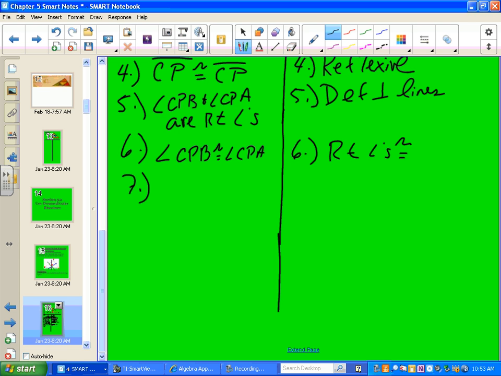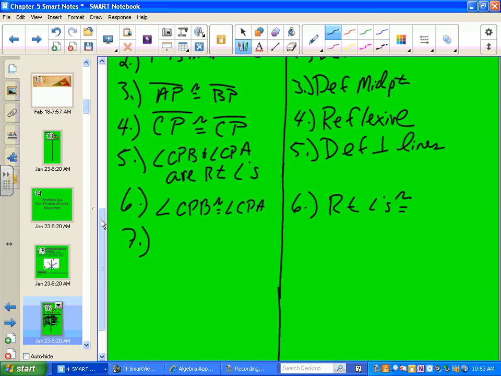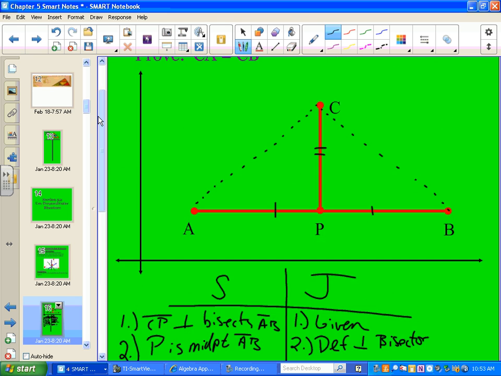Where's the chain, though? Yeah, all we have is an and here. Because they're right angles, then we can say they're congruent. Okay.